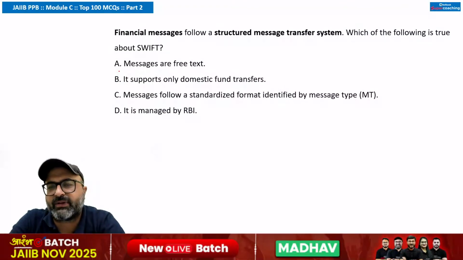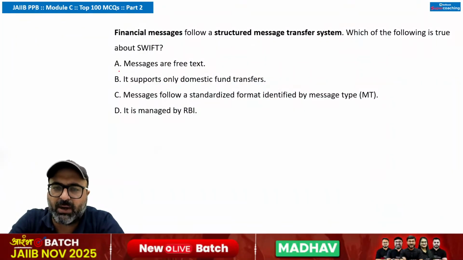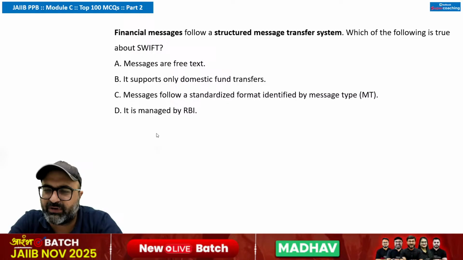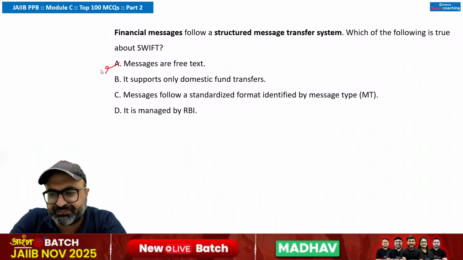अगला क्वेश्चन देखते हैं. Financial messages follow a structured message transfer system. Which of the following is true about the SWIFT? So about the SWIFT, which of the following is the correct answer? If I go with the correct answers, let's try to identify. Some messages are free text. Swift messages are structured and they are coded, so they are not free text. This is wrong.